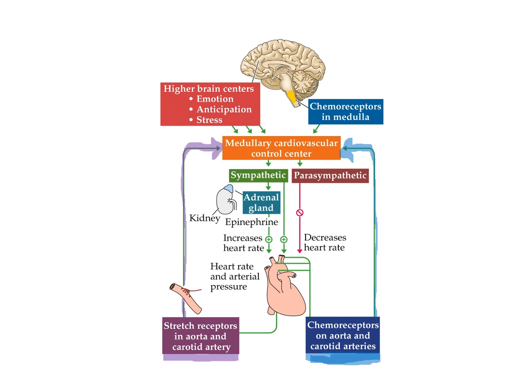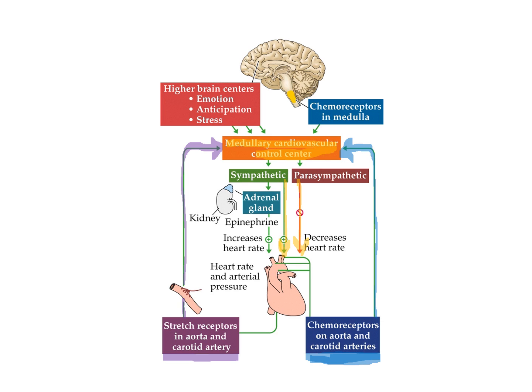That area processes the information and will send out the appropriate signal, either increasing parasympathetic output if it wants to decrease the heart rate, or it will send out sympathetic signals if it wants to increase the heart rate.